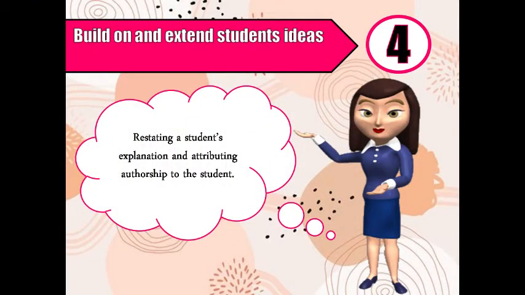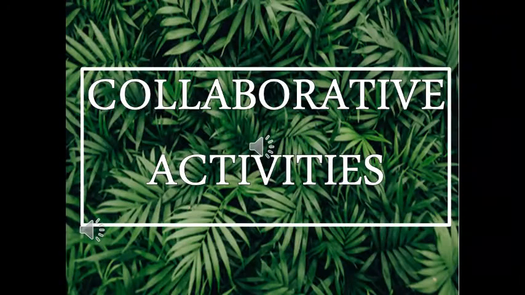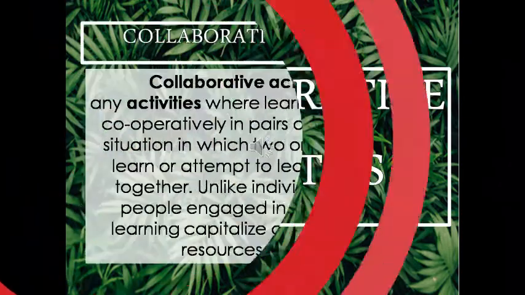The last goal is to build on and extend students' ideas. This means an instructor should restate a student's explanation and attribute authorship to the student. The four goals discussed here provide some insight into what an instructor can do to realize the student-focused pillars of deep engagement in collaboration.